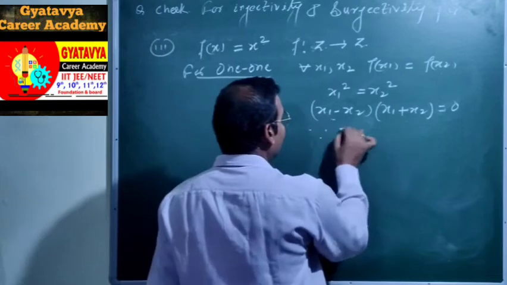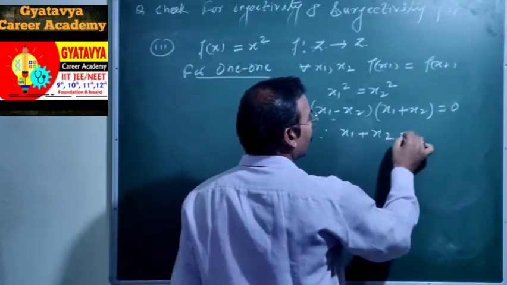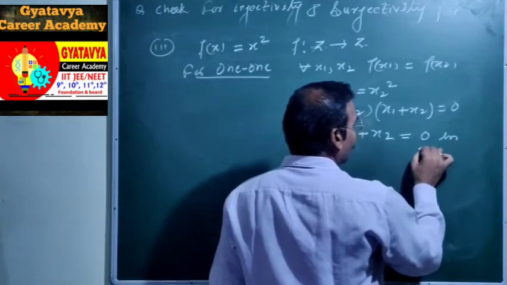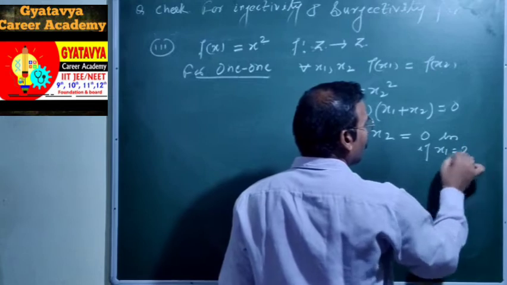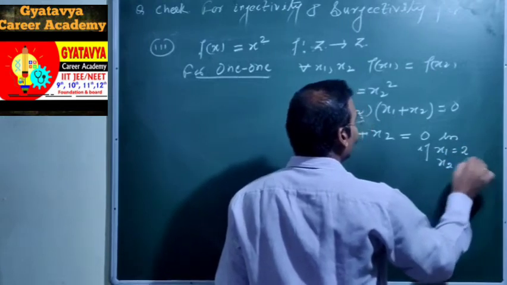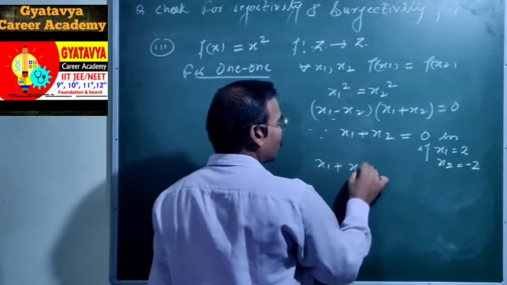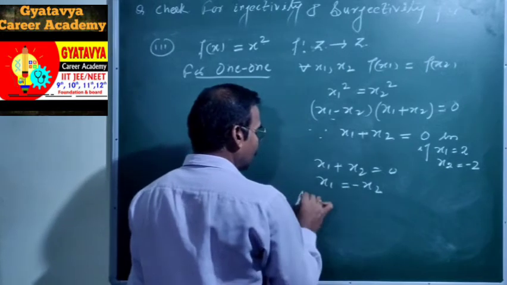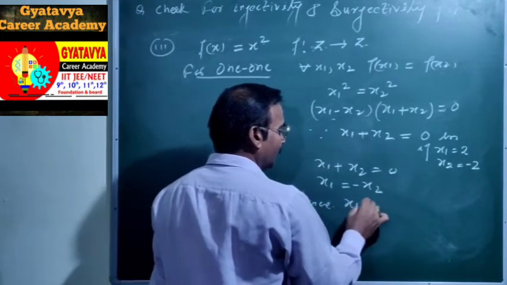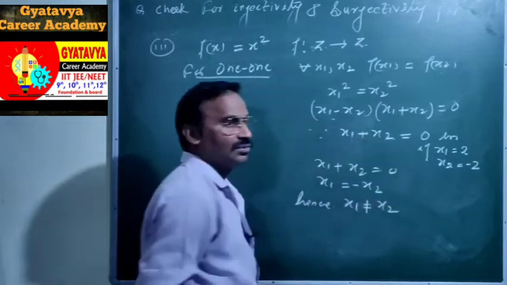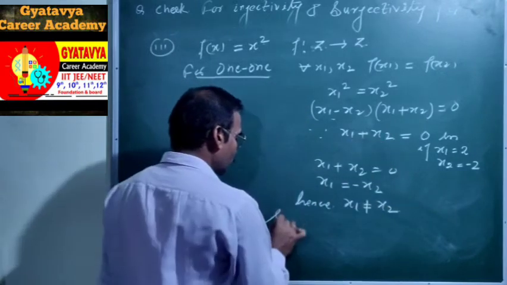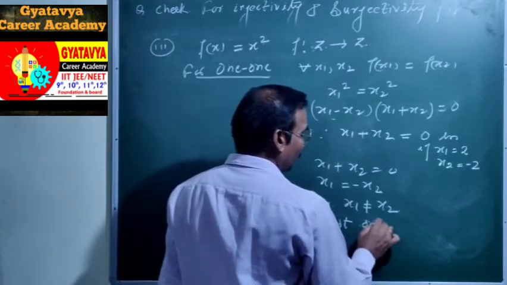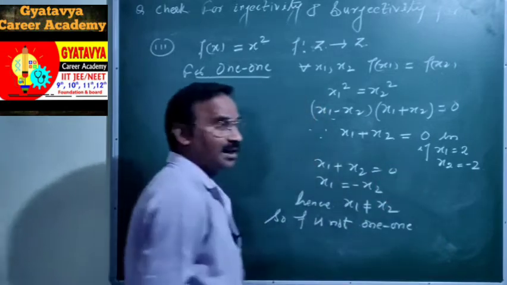Since x1 plus x2 equal to 0, in the case if x1 equal to 2, x2 equal to minus 2. So x1 plus x2 equal to 0, then x1 equal to minus x2. Hence we can say that x1 not equal to x2. So f is not 1-1.